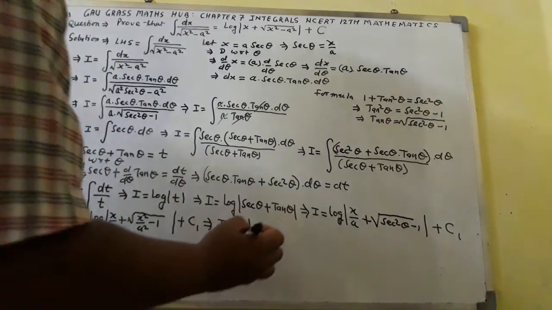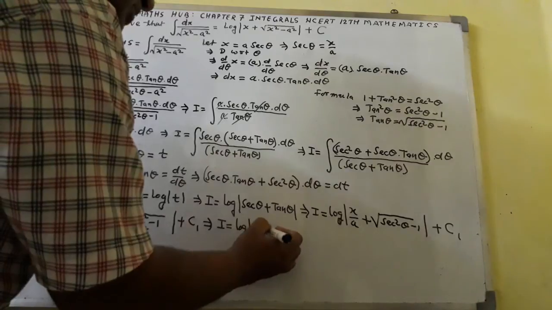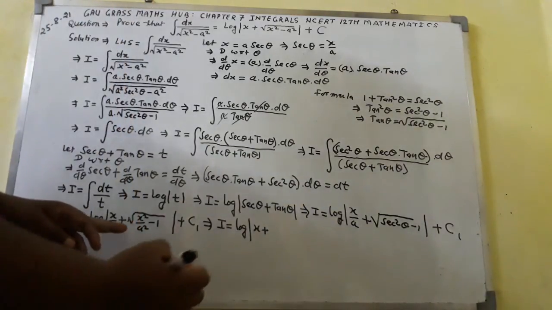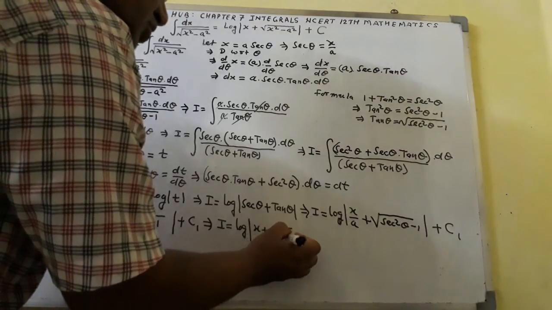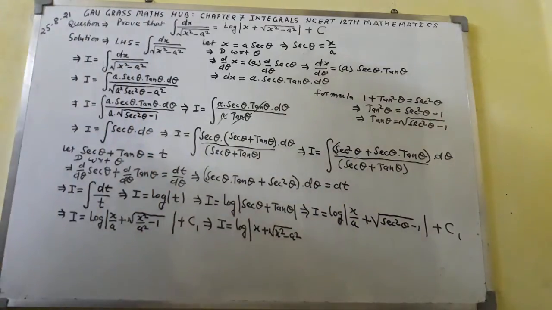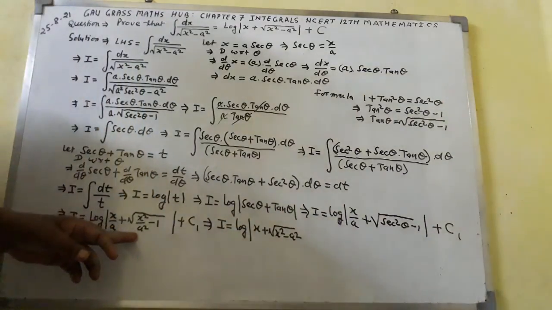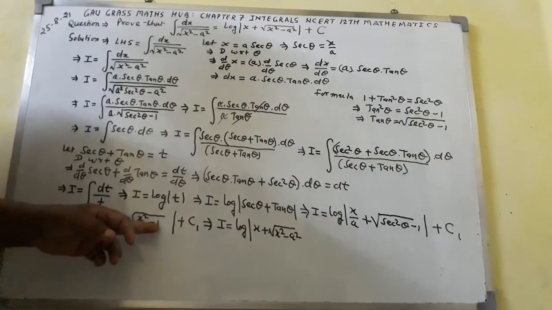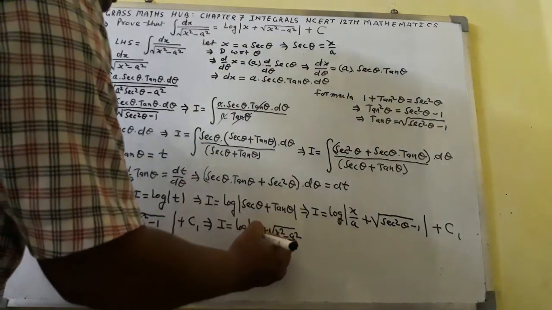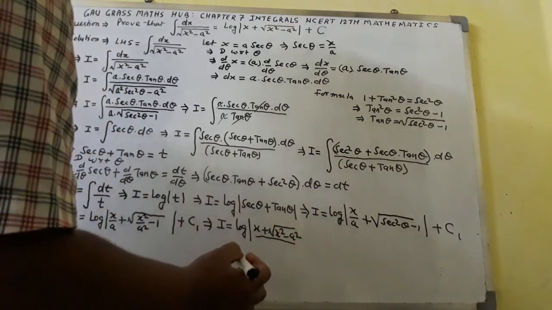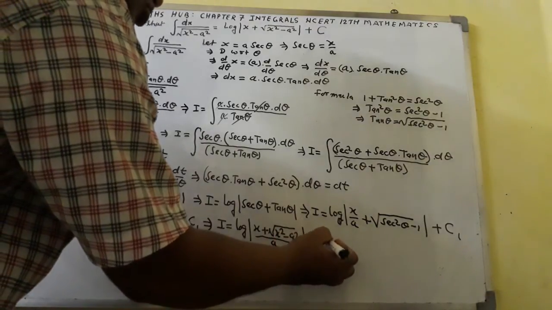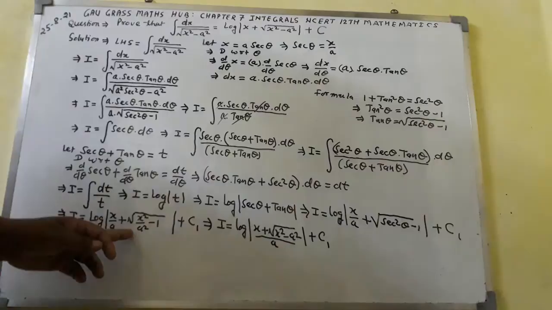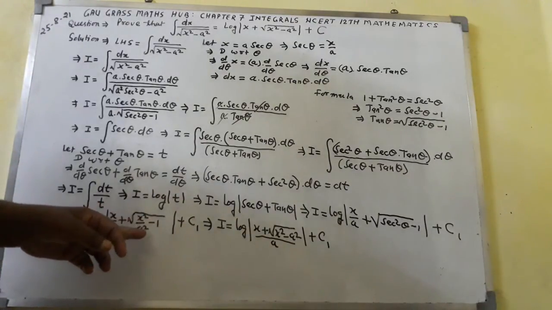Log mod x plus under root x square minus a square, here x plus under root x square minus a square whole over a, plus C1, because here you will get under root x square minus a square whole over under root a square comes out to be a.